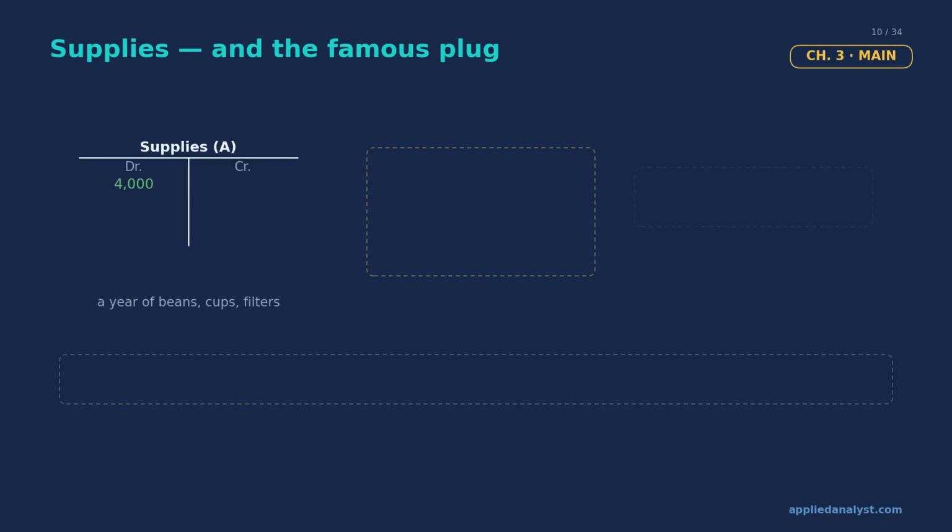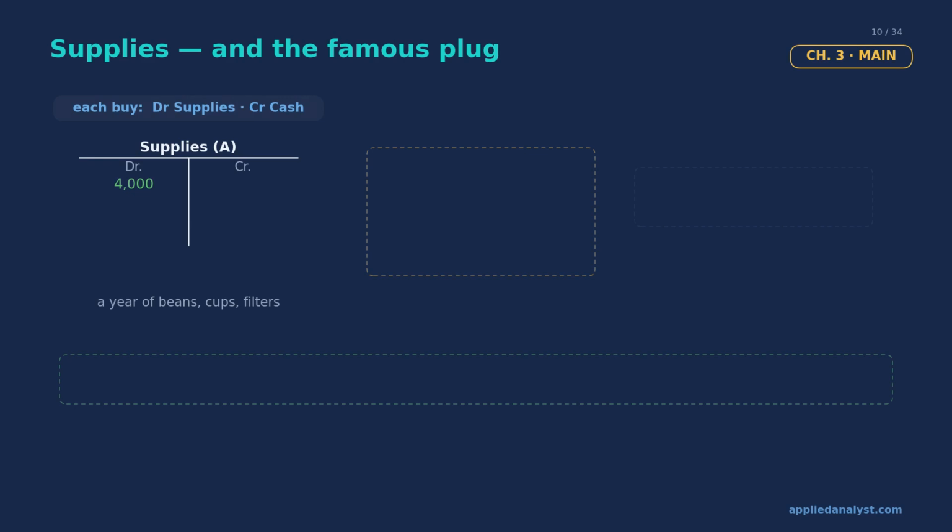Now, the star of the Chapter 2 tease, supplies. Through the year, Maple Bean bought $4,000 of beans, cups, and filters. Originating entry each time. Debit supplies, credit cash. So the ledger proudly says, supplies $4,000. But nobody journalizes a paper cup as a customer walks out. It's impractical and unnecessary.